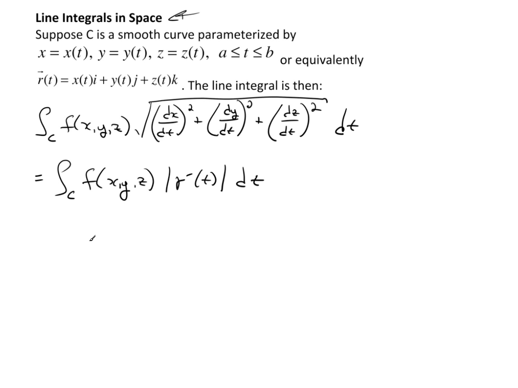Now, just as we saw with triple integrals, remember, when we had the special case where f of x, y, z equals 1, that resulted in the volume of the region that we're integrating over.